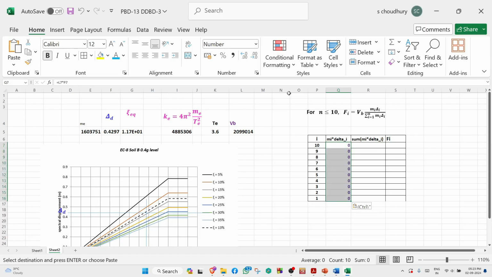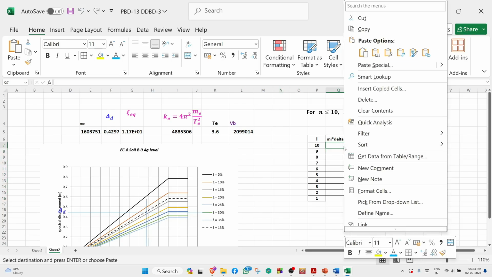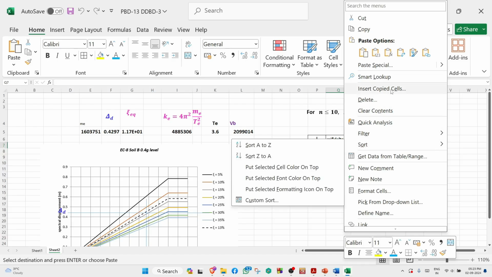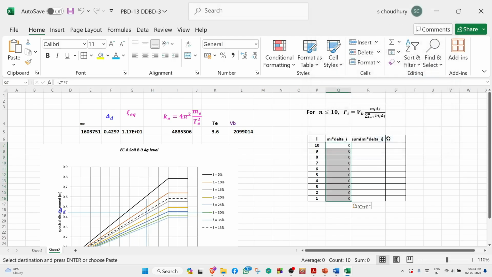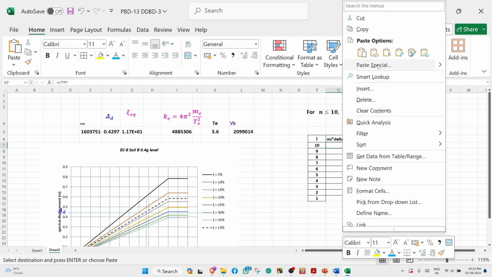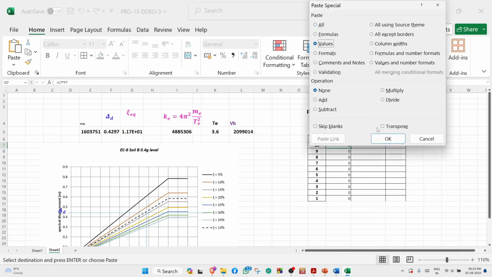No, you have to paste not like this. Undo it and paste special, and you have to use values, otherwise the formula will not work. So let us do it like this. Paste special values.